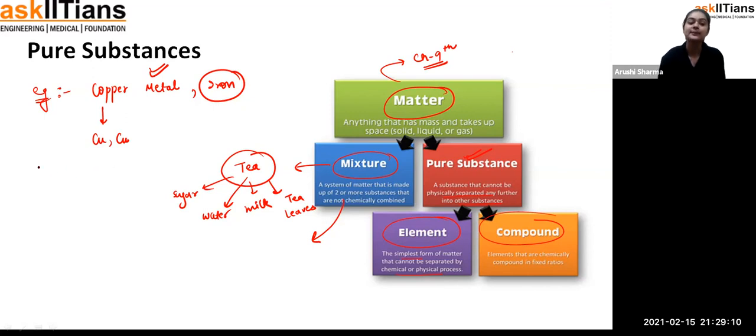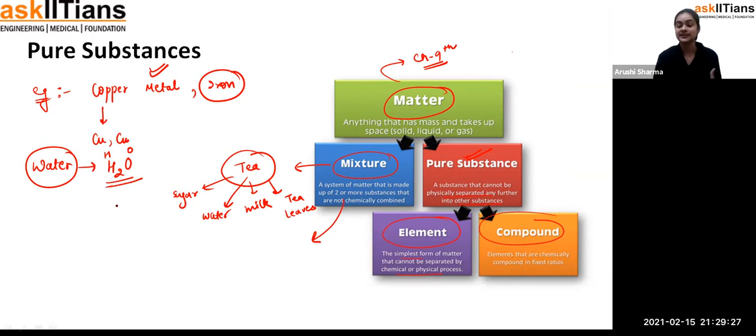For example, if we take water, students, in water the formula is H2O. That means in this, hydrogen and oxygen, these two elements have been combined together, forming water. And the main thing about the compound, student, is that they are also pure substances, because water contains only and only H2O molecules.